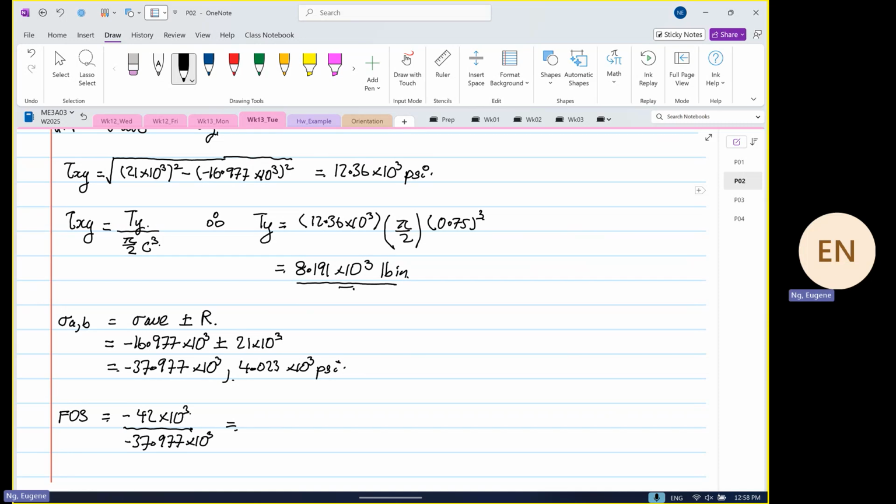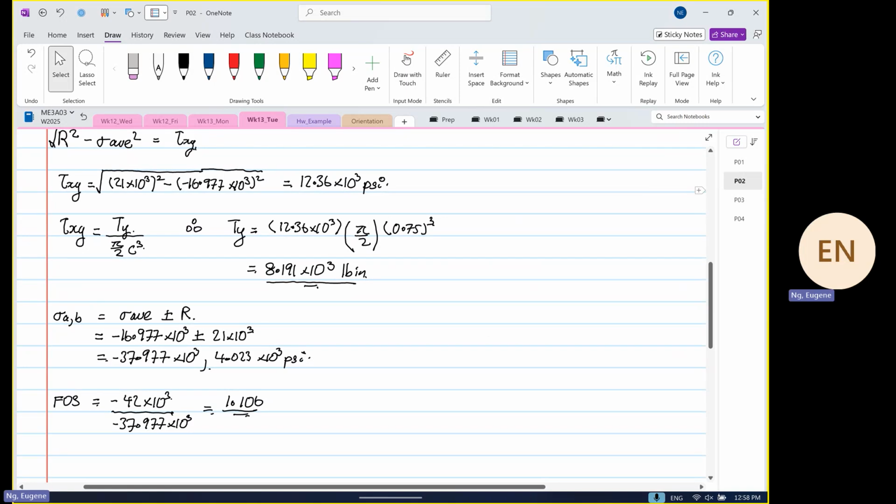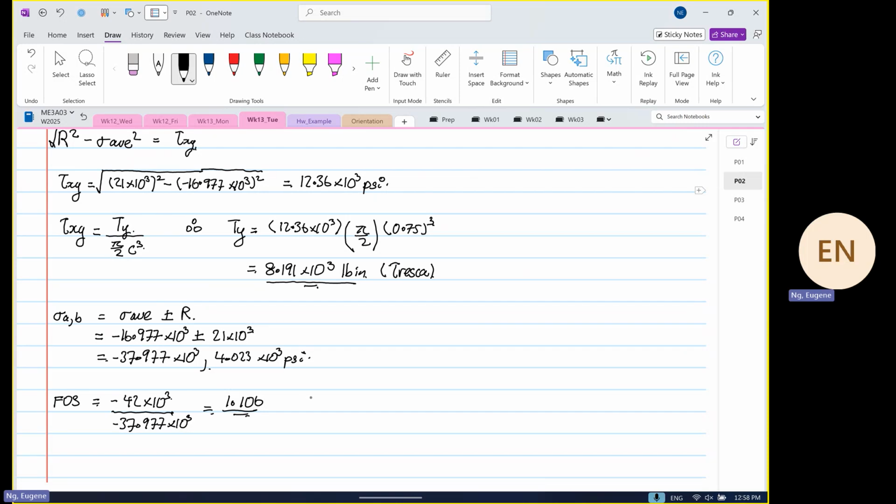So this will be equal to 42 divided by 37.977, which is 1.106, the factor of safety. So this is from Tresca criteria.